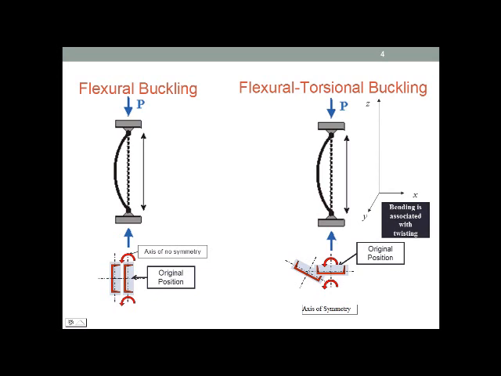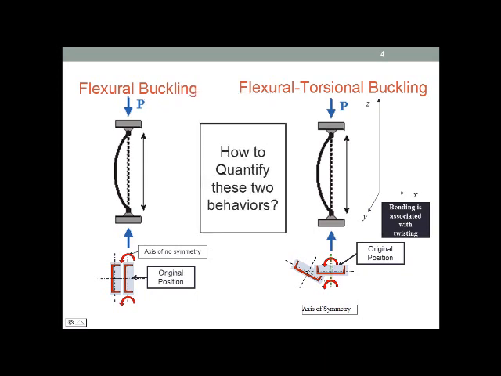When bending is about the axis of symmetry, we have flexural buckling and twisting of the cross-section. These two actions occur simultaneously. Here, we are looking at the column from an angle perpendicular to the first one.